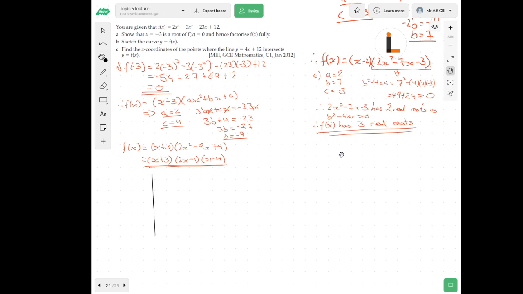Then part B is saying draw out, or sketch out rather, this cubic. We need to make sure we mark on the key points. So we've got y-intercept at 12 here, and we've got roots at -3, a half, and 4.